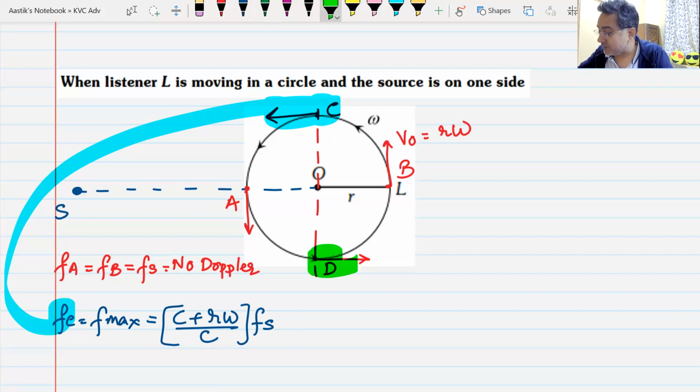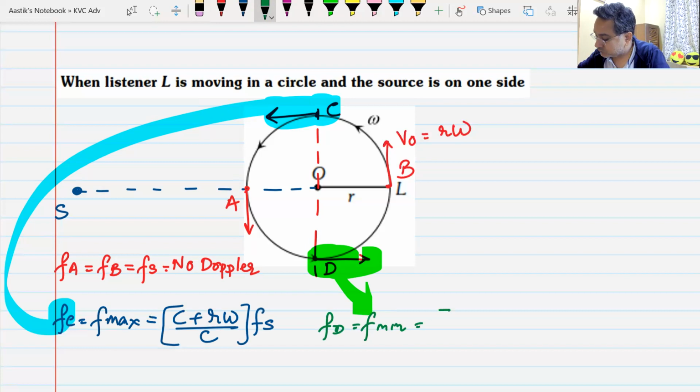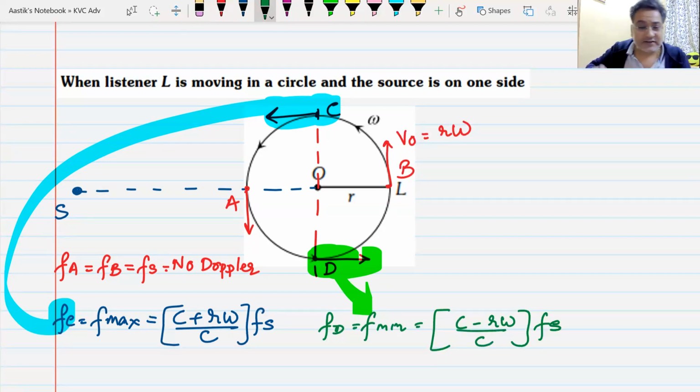At this point it will be min, because it is moving away with the maximum velocity. FD is F min, which is C minus R omega divided by C multiplied by Fs. I shall give you 2 minutes to note this down and then we shall move ahead.